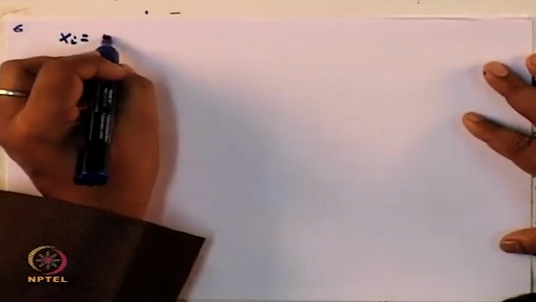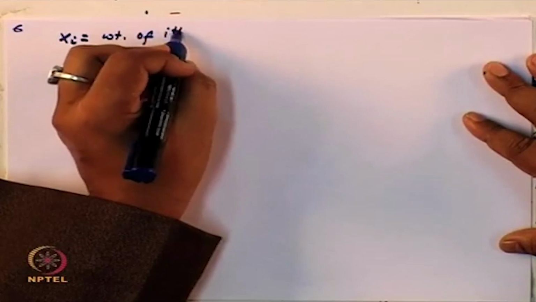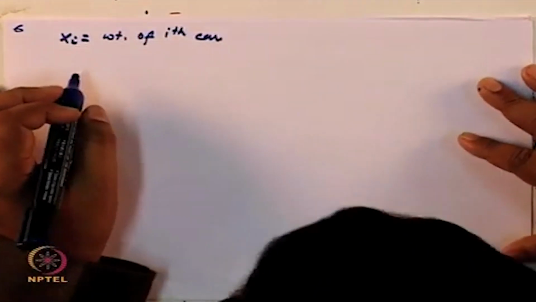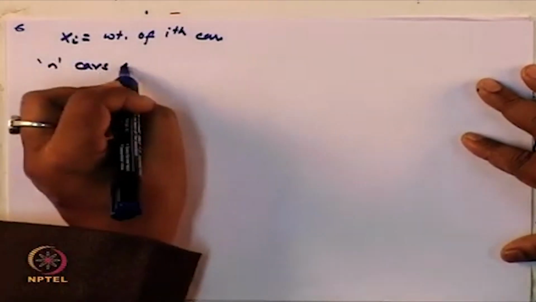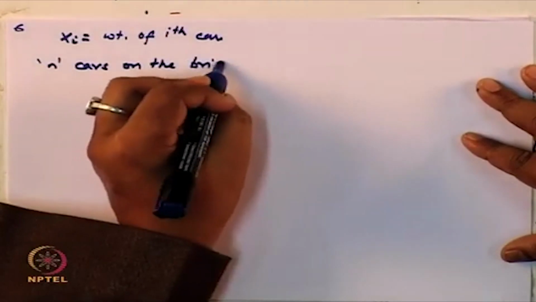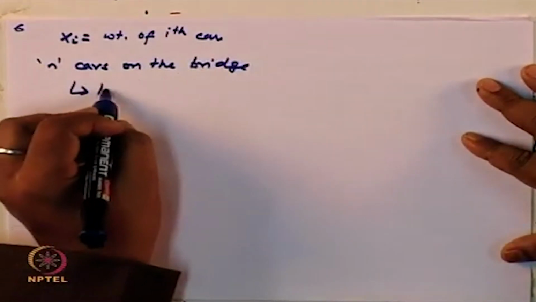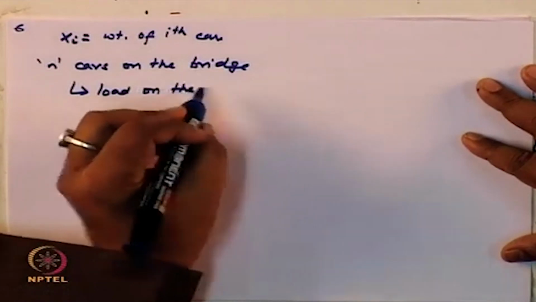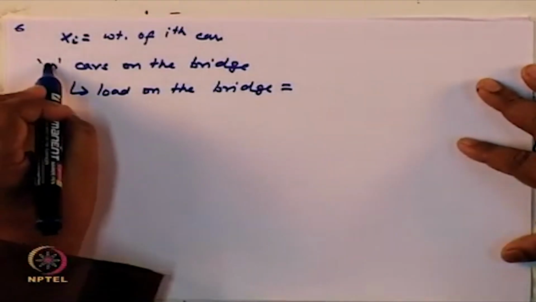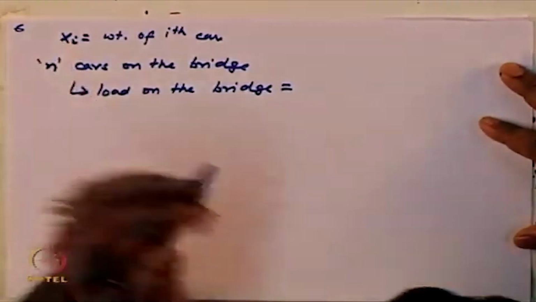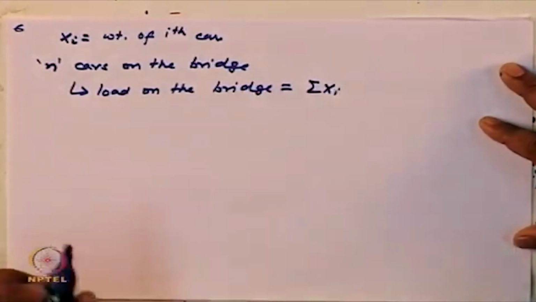Okay. So, what you have been asked to calculate is, so let us say xi is weight of ith car. Okay. So, if there are n cars on the bridge, so the load on the bridge is equal to summation of xi, right.